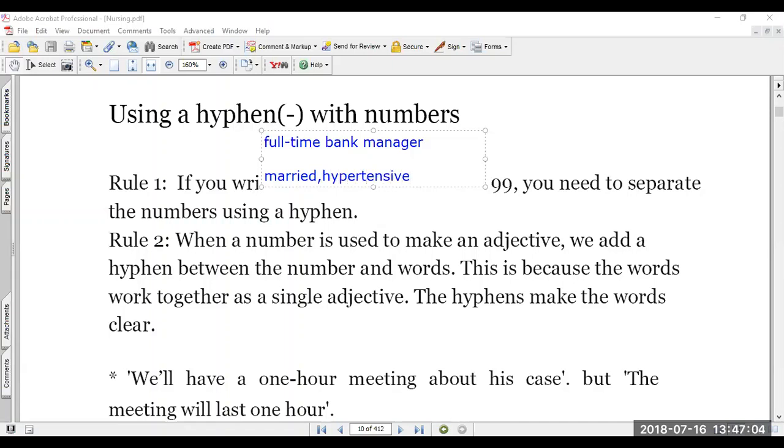So here I'm using two different adjectives. So when I use two different adjectives, I don't need hyphen. Try and understand, this is a very fine line. When two words make a single adjective, then they need to be separated with hyphen. This indicates that they are to be read together. But when two different adjectives are used, they are separated with comma.